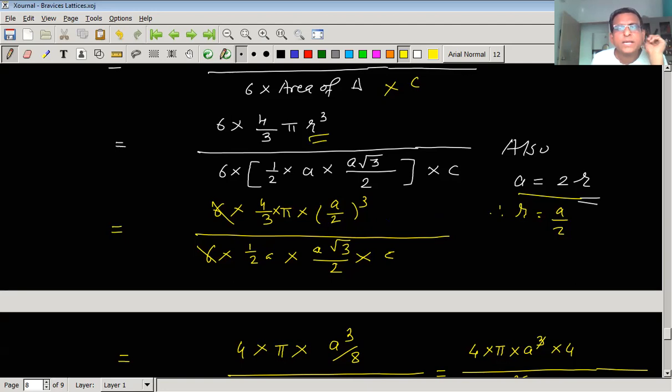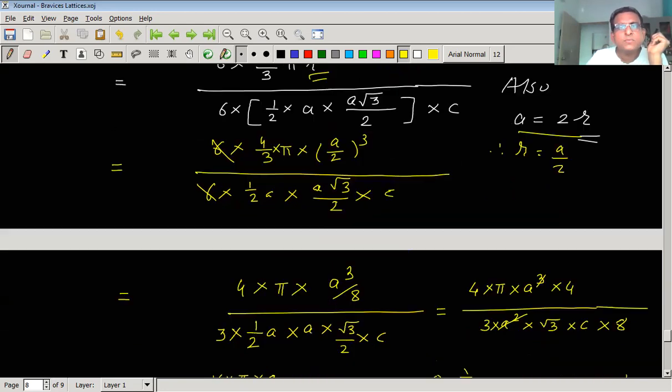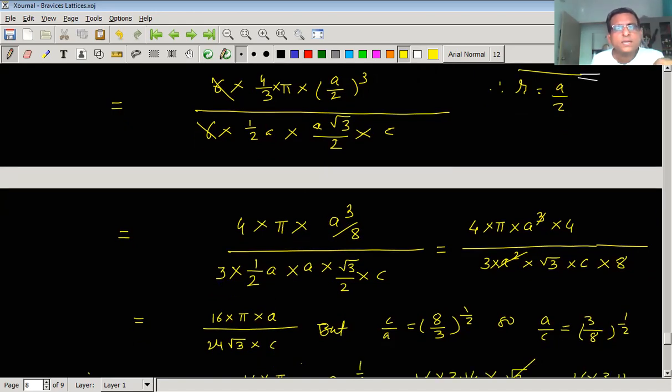So A by 2 bracket cube divided by half A into A root 3 by 2 into C. Again simplifying, we can write 4 into pi into A cube by 8, and this 3 will go to the denominator, so 3 into half A into root 3 by 2 into C.